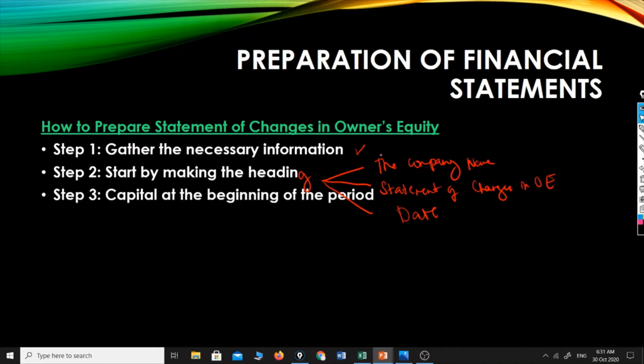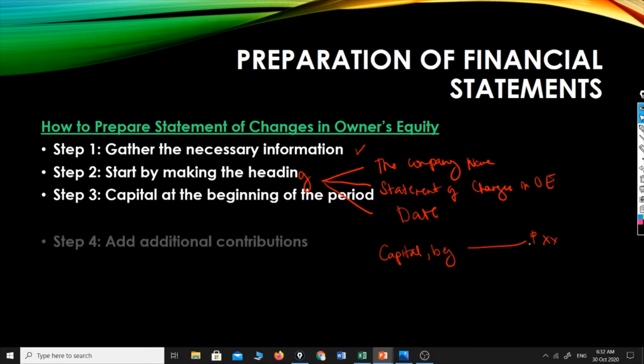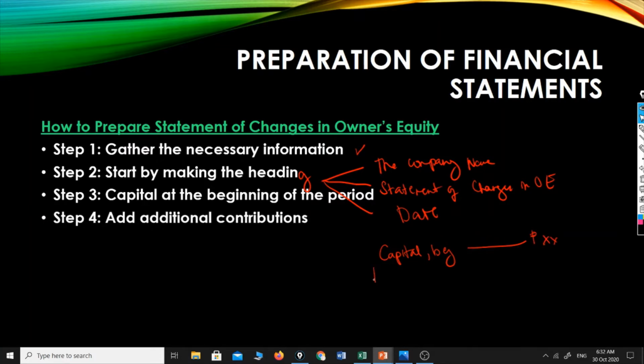So you put beginning capital or capital beginning and then its amount. Next, if there is additional contribution, so add additional contribution. Next, net income.